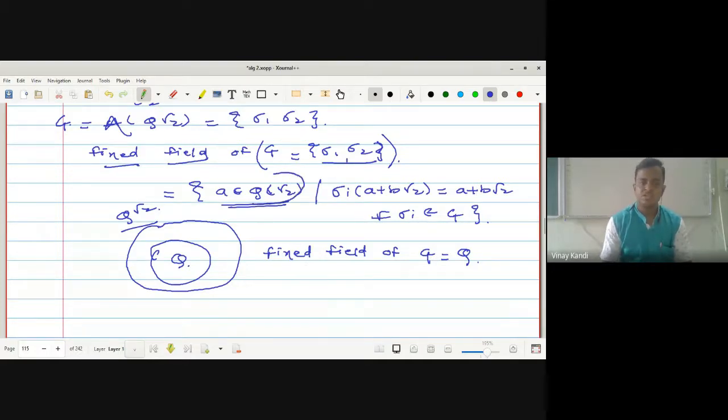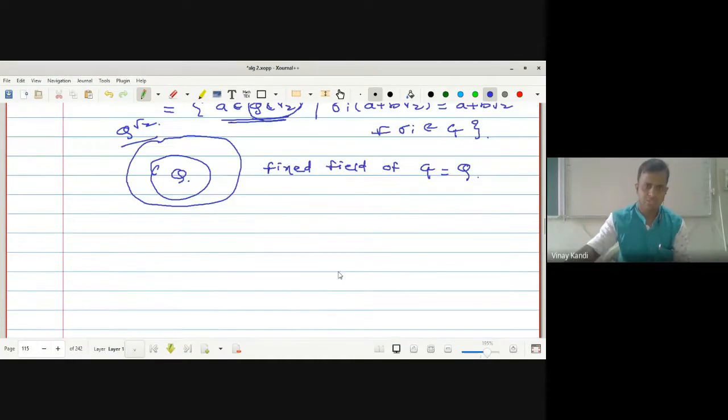Which elements of this are such that sigma 1 of A is equal to A and sigma 2 of A is equal to A? Sigma 1 of A should be equal to A, and sigma 2 of A is also equal to A.